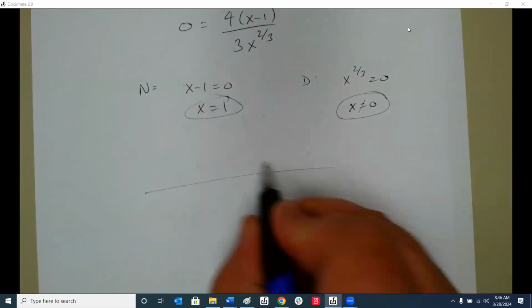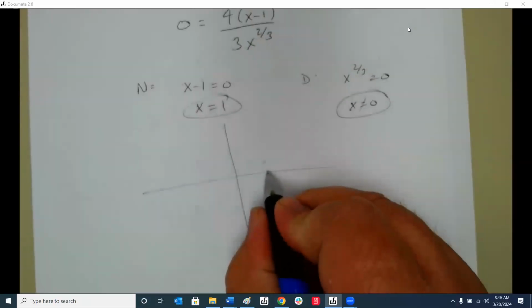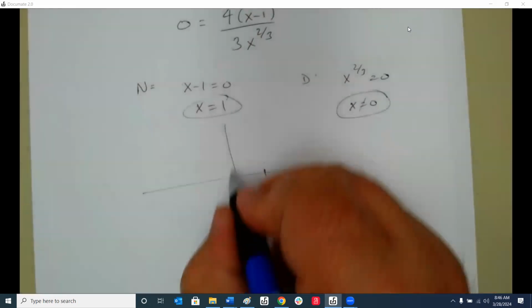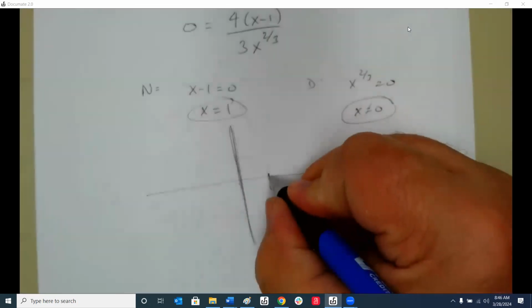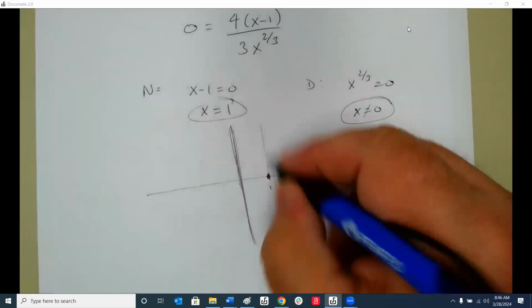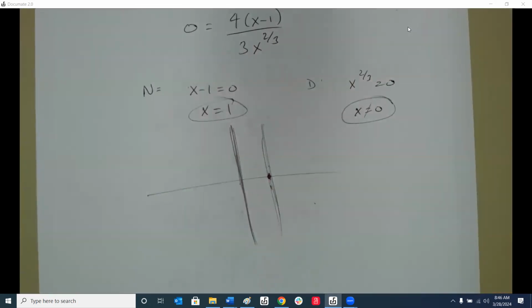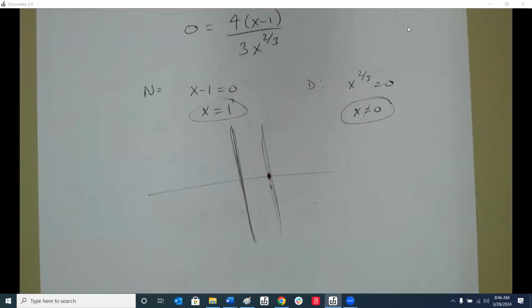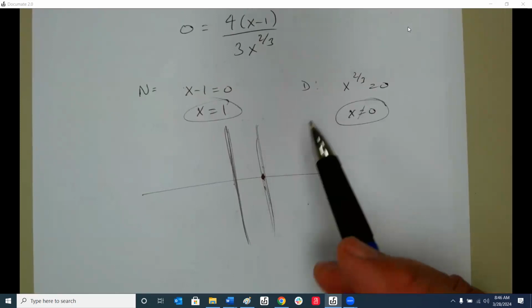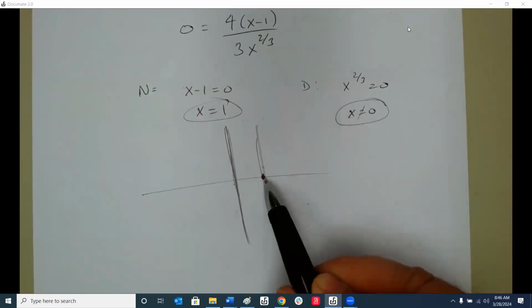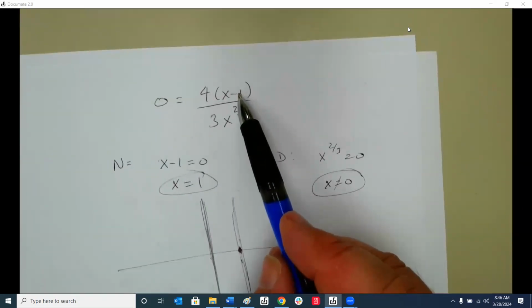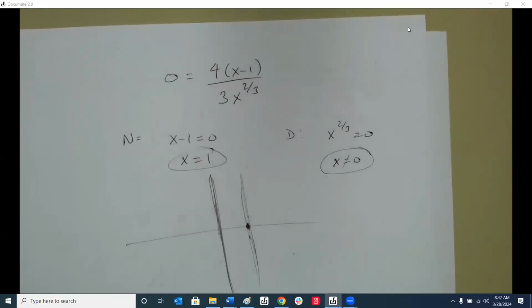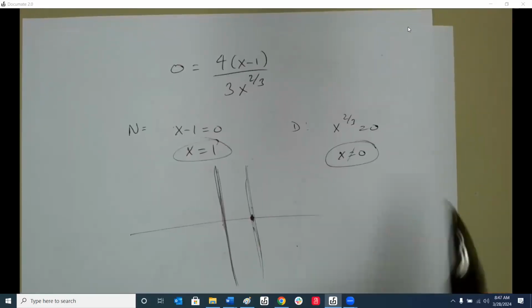So let's look at what this looks like. At 1 and 0, that's an asymptote. We can't cross that. And somewhere here, we have a critical value, a critical point. We know the point here, because we set the numerator equal to 0. So what's going to be our critical point? What's going to be the vertex? What's the location of the vertex?